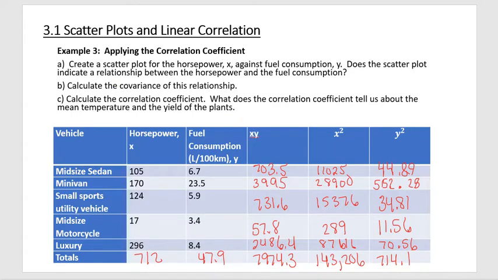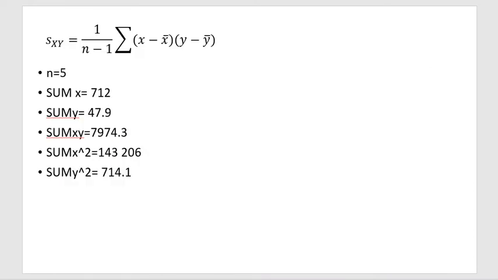Okay, so now let's plug these into the correlation coefficient, and then we're going to solve for the covariance as well. So here's the covariance. S, X, Y equals 1 over n minus 1. There were only 5 data points this time, so 5 minus 1. And then we're going to add up all the X minus X bars times the Y minus Y bars.